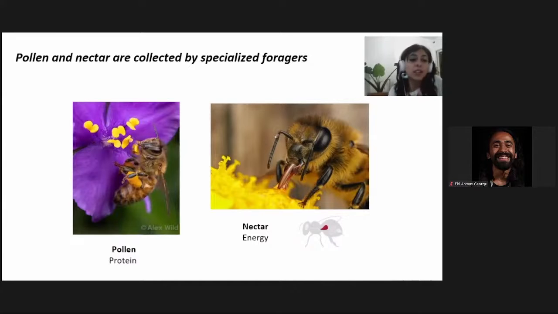Once nectar is ingested, it is stored in a portion of their digestive tract called the crop, where it is transported to the hive. Contrary to nectar, pollen is not ingested by foragers, as it is instead agglutinated during collection and transported using specialized structures on the hind legs.